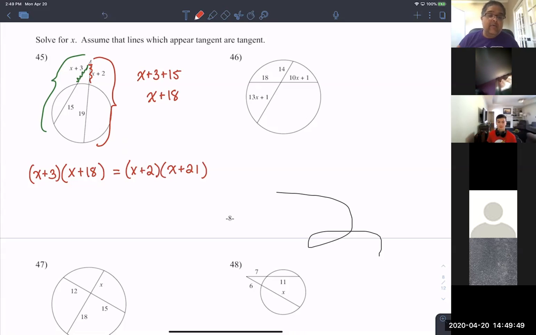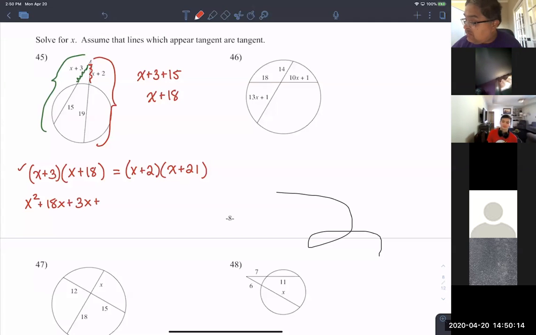Okay, so remember, how do we multiply 2 binomials? Okay, you can FOIL or you can do double distribution. So remember, foiling is first, outside, inside, last. So let's do the left side first. Okay, so the first terms multiplied together gives me x squared. The outside is 18x. The inside is 3x.